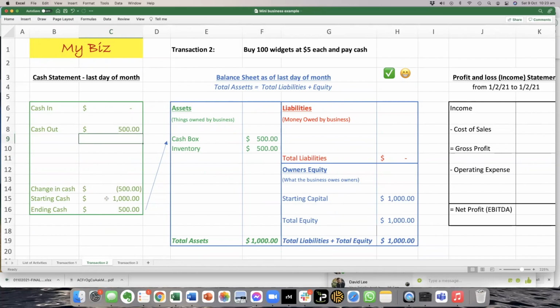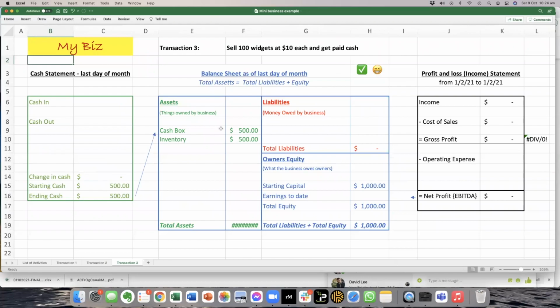We had $1,000 to start with, minus 500, which means we now have $500. And again, you'll see how this connects to our cash box. So that's our second transaction. We've bought our widgets in cash, and now we've been able to load up our inventory and we're ready to get onto the field. So we're going to do that now with our next step.